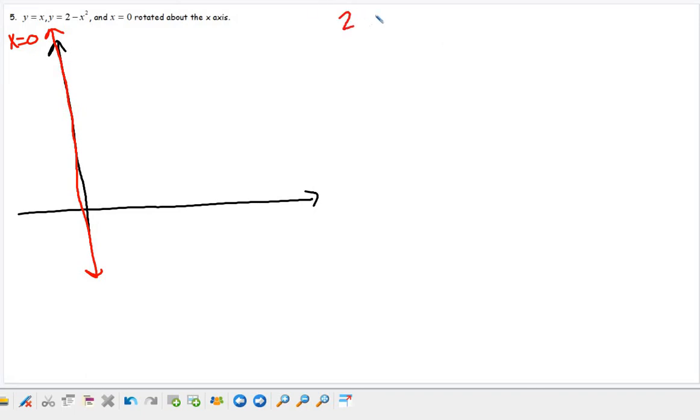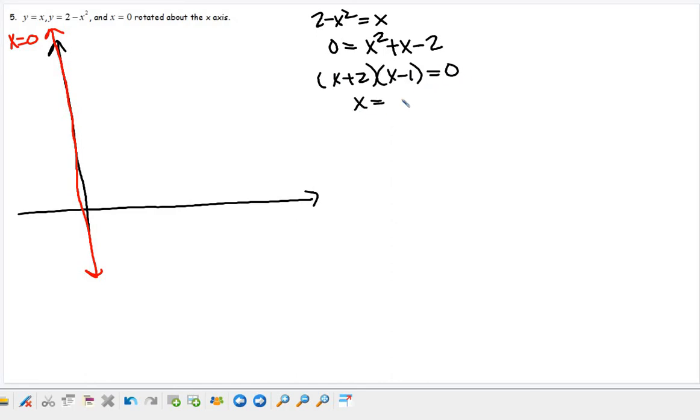So I'm going to set them equal to each other. I have 2 minus x squared is equal to x. I know it's a quadratic, so I need to get everything on the same side. I prefer my x squared to be positive, so I'm going to move everything over here: x squared plus x minus 2, which gives me x plus 2, x minus 1, which gives me x is equal to negative 2 and x is equal to positive 1.